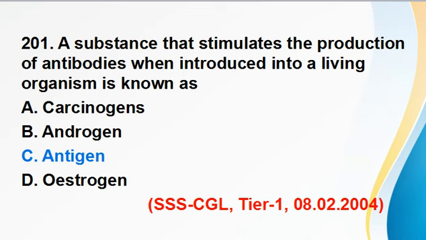They could be of any type, like toxins, bacteria, viruses, foreign blood cells and cells of transplanted organs. So answer C is correct.